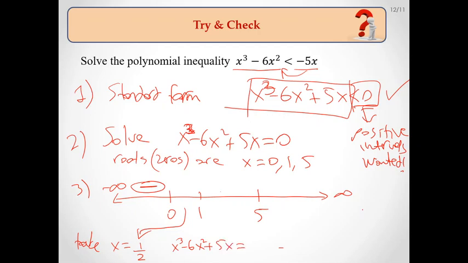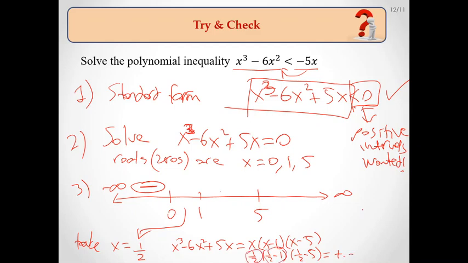Here, you can use the factoring of this. The factoring will help us. You can write it this way. You put 1 over 2, 1 over 2 minus 1, 1 over 2 minus 5. Since we are interested in the sign, it's positive.